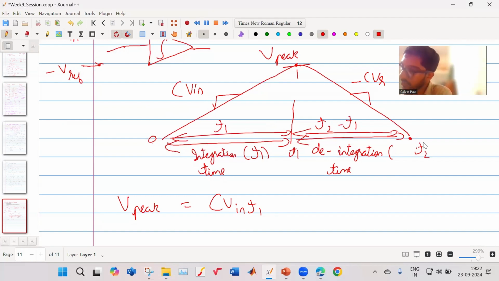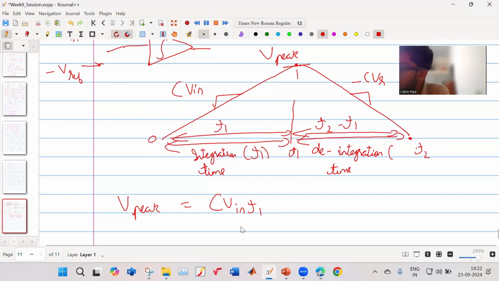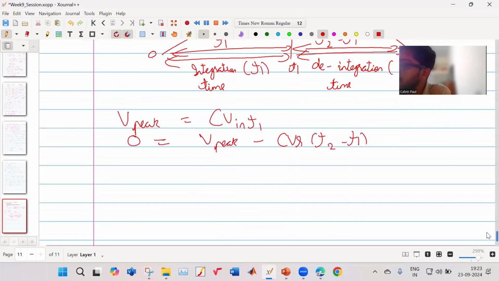So it will go from V peak minus C Vr into T2 minus T1. We have derived it earlier also.